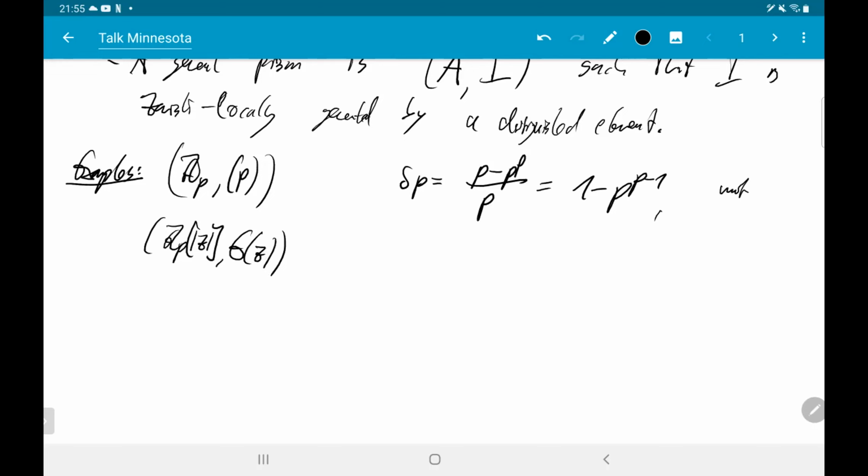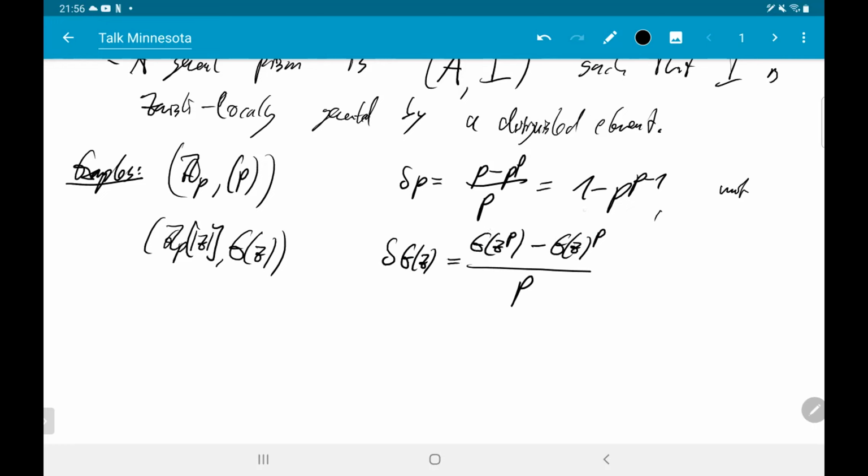So let's see that works. Let E(z) be some Eisenstein polynomial. Then what is delta of E(z)? Well, again, you need to apply the Frobenius, which in this case just substitutes z by z^p. And you need to raise E(z) to the pth power, compute the difference, divide by p.